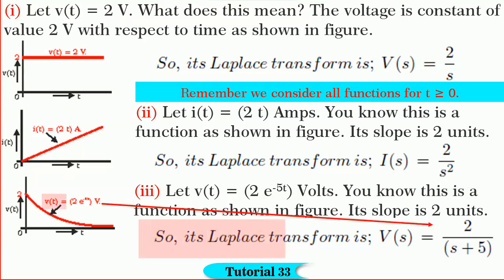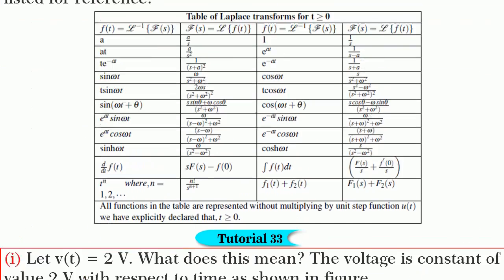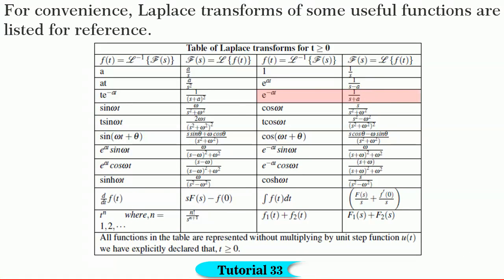So, the Laplace transform of v(t) equal to 2 into e to the power of minus 5t is capital V(s) equal to 2 divided by s plus 5. How is this? If you refer to the table, you find that if f(t) is equal to e to the power of minus at, its Laplace transform F(s) is equal to 1 divided by s plus a.